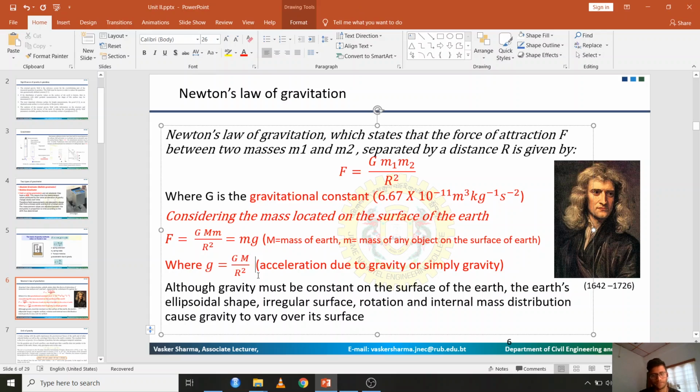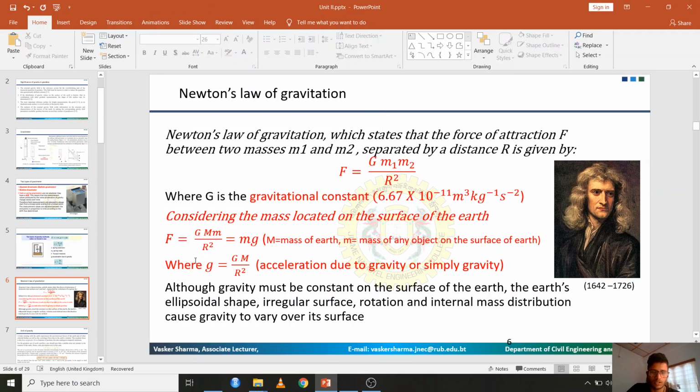But this is not the case, because as I told you while explaining the geoid in the earlier classes, the acceleration due to gravity differs from place to place depending upon the irregular shape, rotation, and internal mass distributions, and because of all these effects, there are changes in gravity.